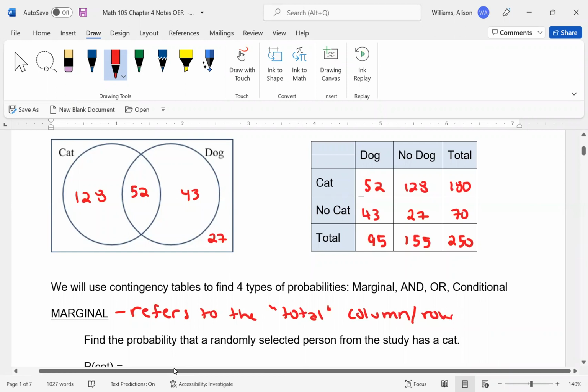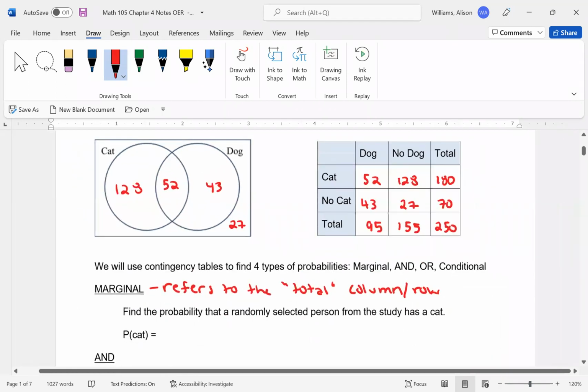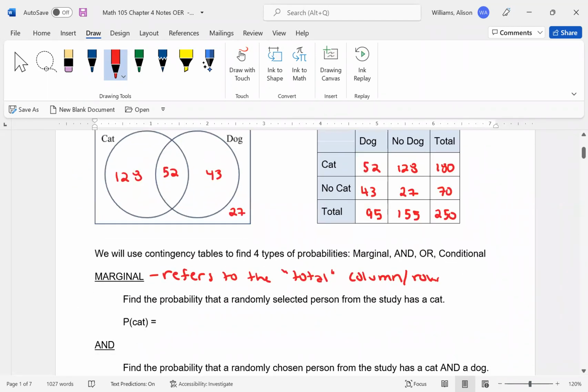All right, so let's look at this. Here I'm going to zoom out a bit. So the probability of a cat. Based on my table, there are 180 people who have a cat out of 250 total. I can divide that on the calculator and I'm going to get 0.72, which is 72% if I want to write it as a percent.